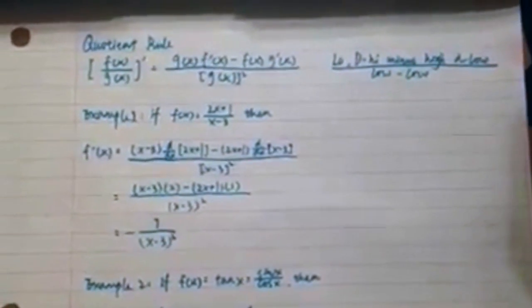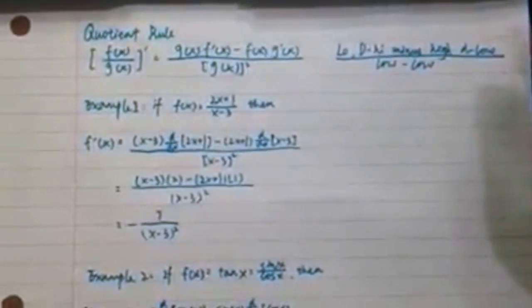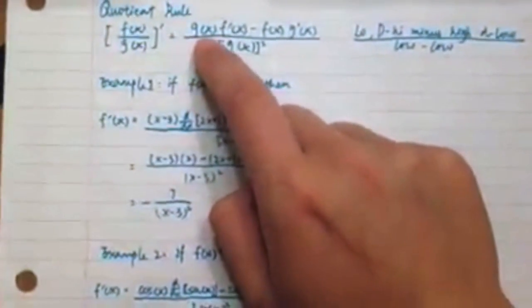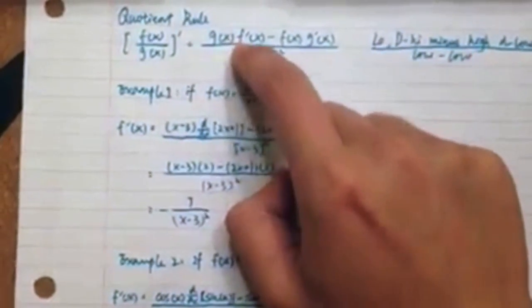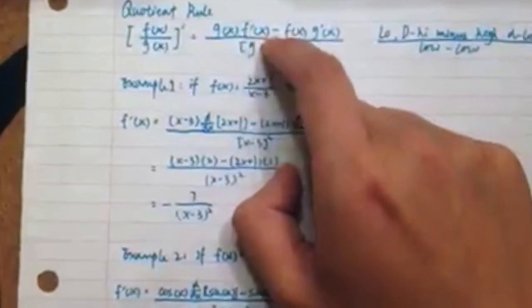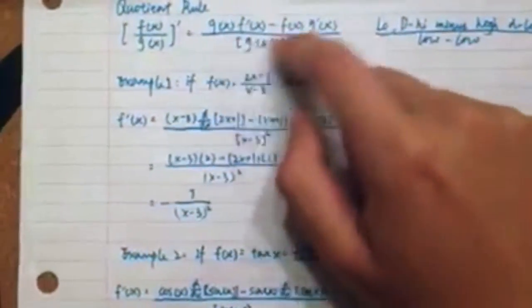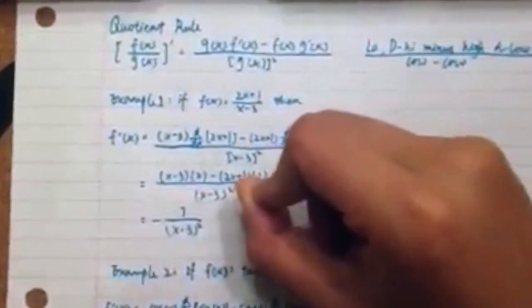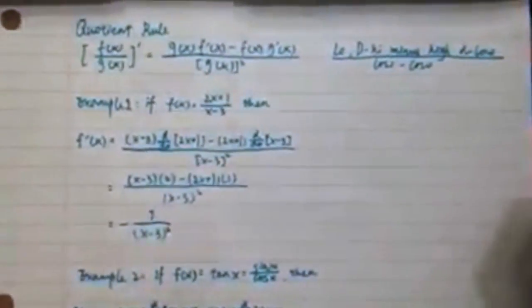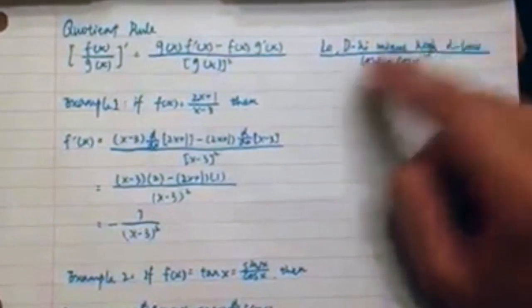Well, now let's talk about the quotient rule. How do you take the derivative of f(x) over g(x)? We take the denominator times the derivative of the numerator minus the numerator times the derivative of the denominator, over the denominator squared. One way we can remember is low d high minus high d low over low low.